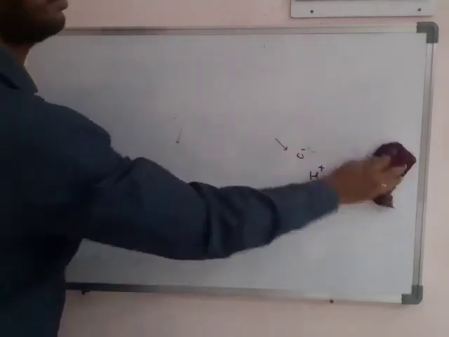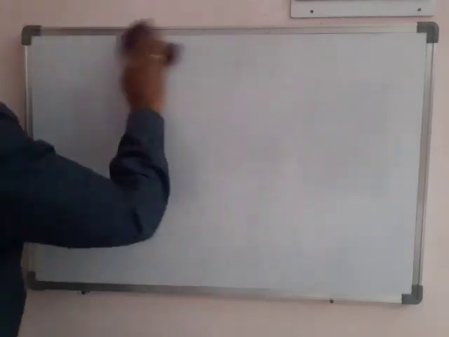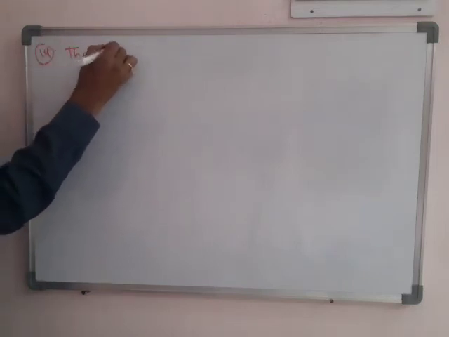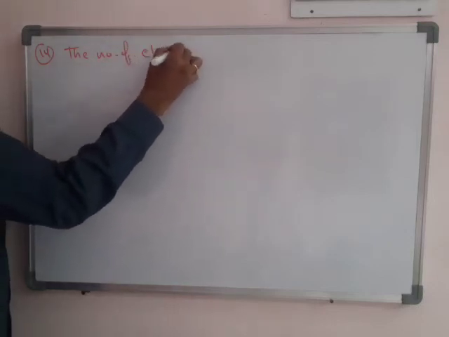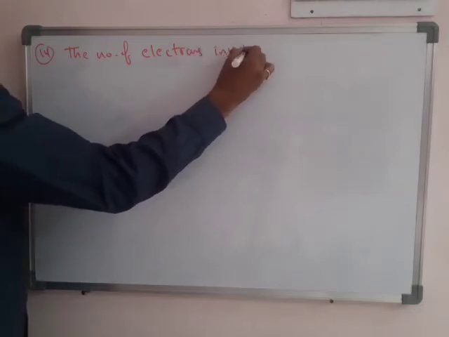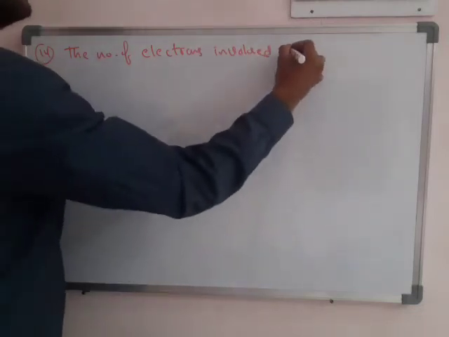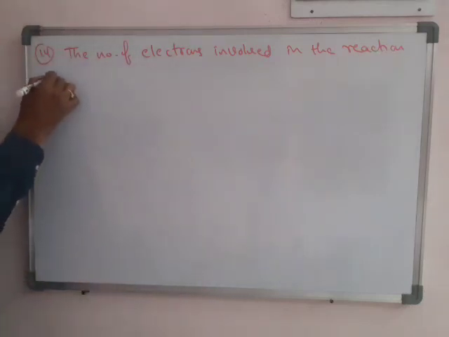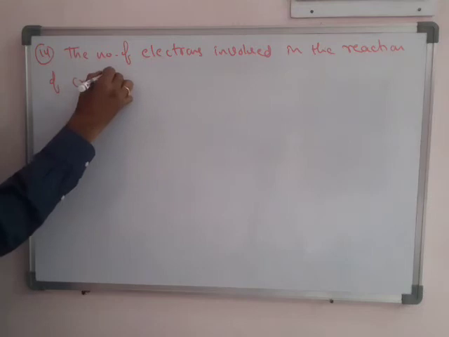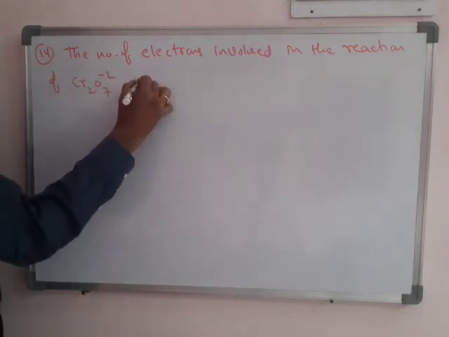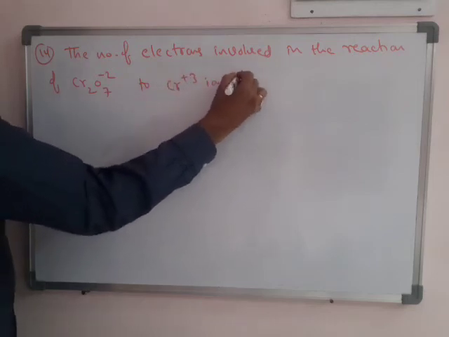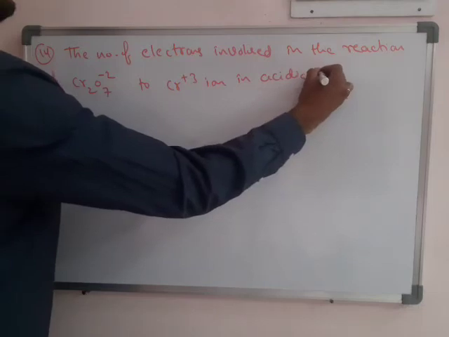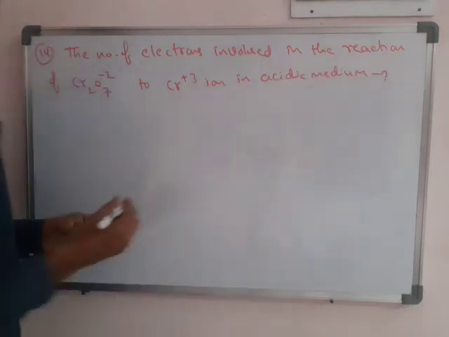Next, see the 14th one. The number of electrons involved in the reaction of dichromate to chromium ion in acidic medium.